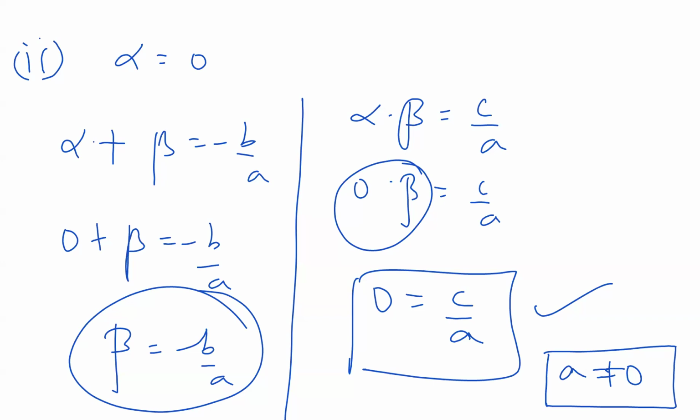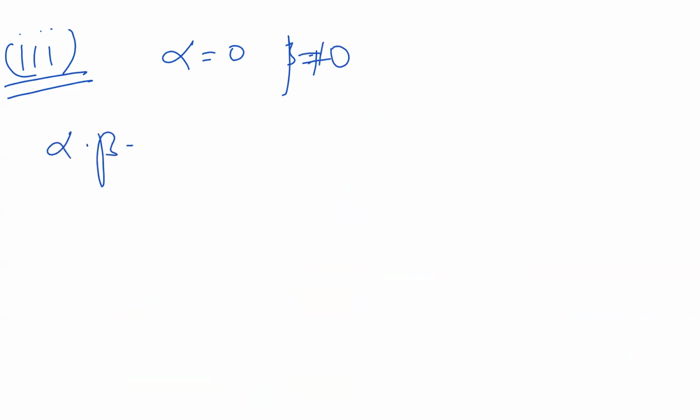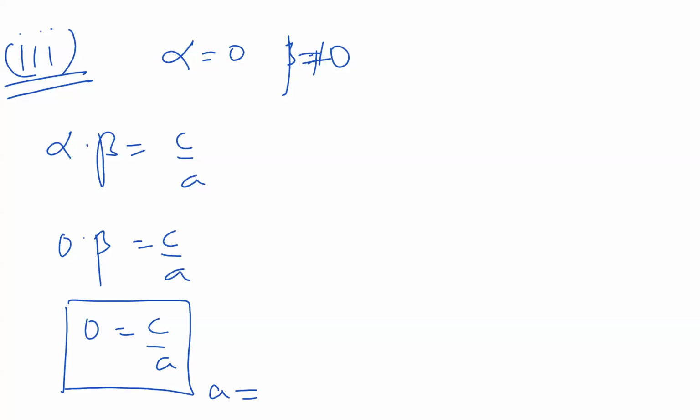Third one, exactly one of the roots may be 0. So only alpha is 0. In this, beta cannot be 0. So let's take this: alpha into beta is C by A. So 0 into beta is C by A. So 0 is equal to C by A. So this is one of the conditions where A is not equal to 0, and C is equal to 0.